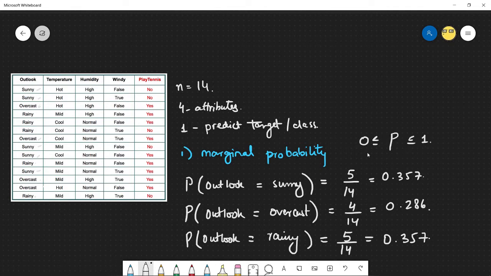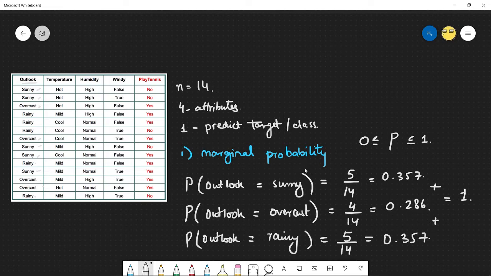And for a single attribute, I can sum up the probabilities of all of the events, and that's going to add up to 1 too.